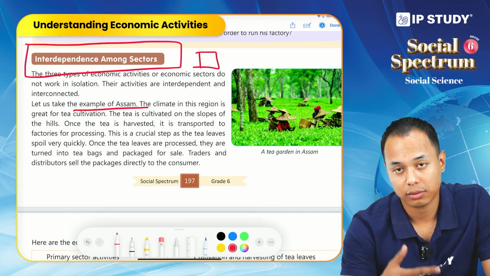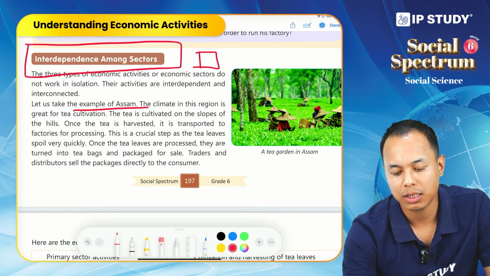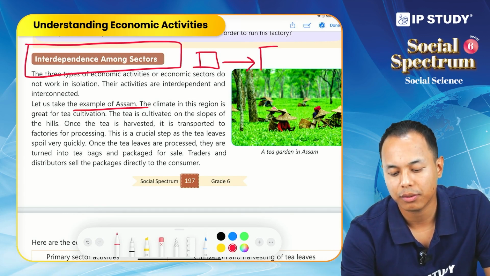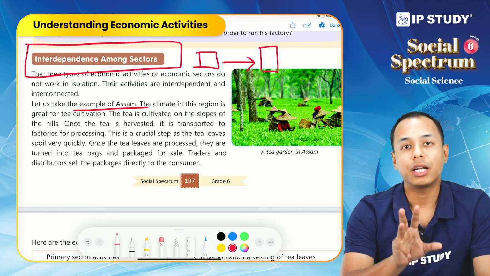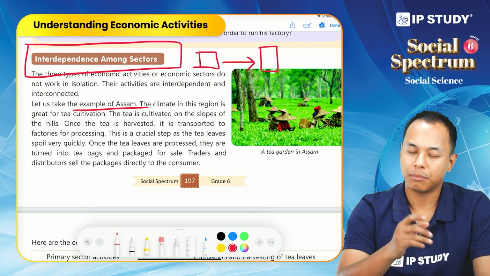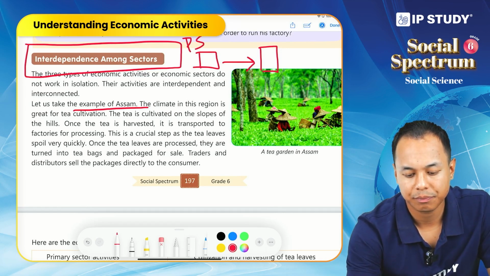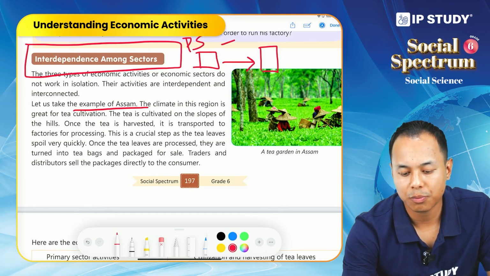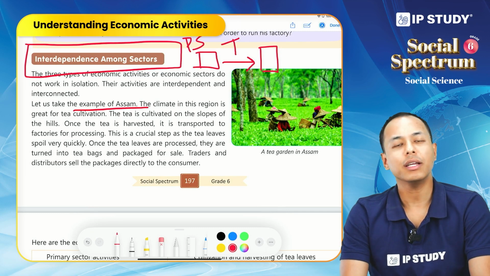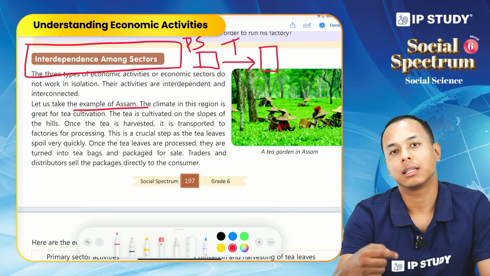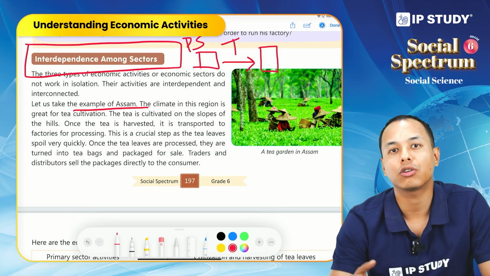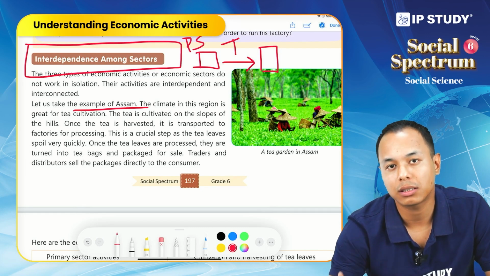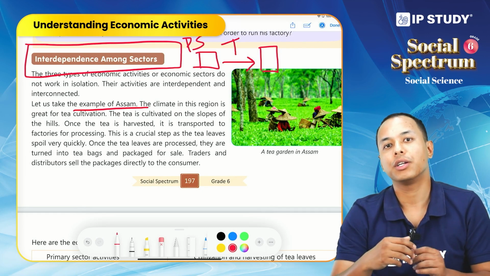After the tea is harvested, it is necessary to transport it to a processing unit or industry. Cultivation and harvesting of tea belong to the primary sector, but the transportation belongs to the tertiary sector, and in the processing unit secondary activities happen.